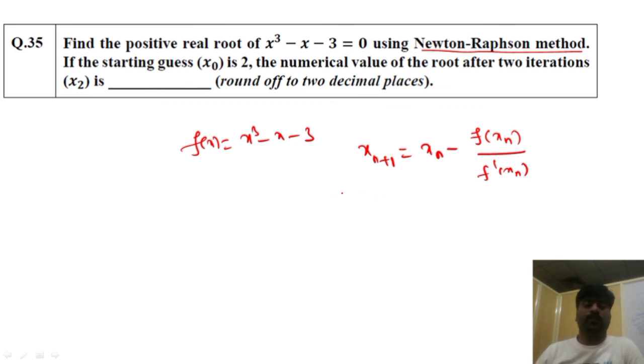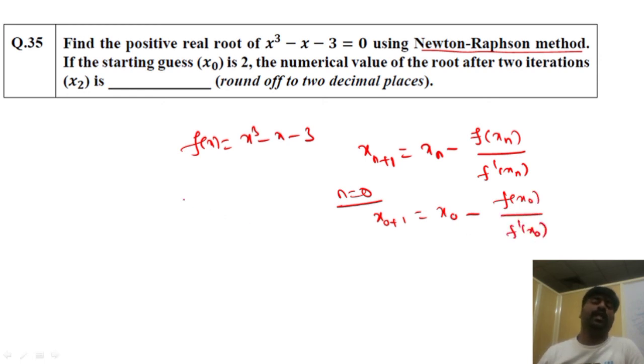So for the initial approximation, for n = 0, x1 = x0 - f(x0)/f'(x0). Here f(x) is x^3 - x - 3, f'(x) is 3x^2 - 1, and the given initial guess is x0 = 2.